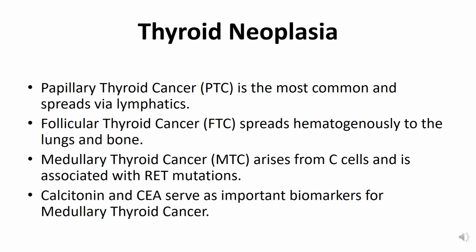Many cases of medullary thyroid carcinoma are associated with mutations in the RET proto-oncogene. RET mutations may occur sporadically or as part of inherited syndromes such as multiple endocrine neoplasia type 2, also called MEN2. Because of this strong genetic association, family screening and genetic testing are extremely important in affected patients.